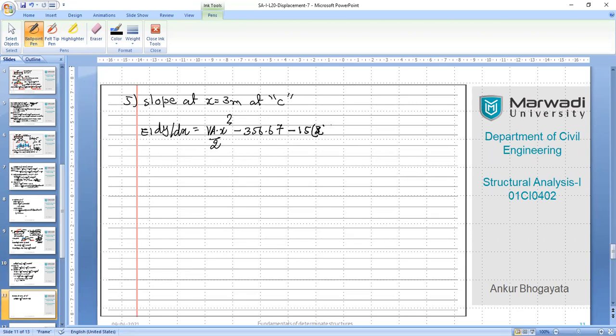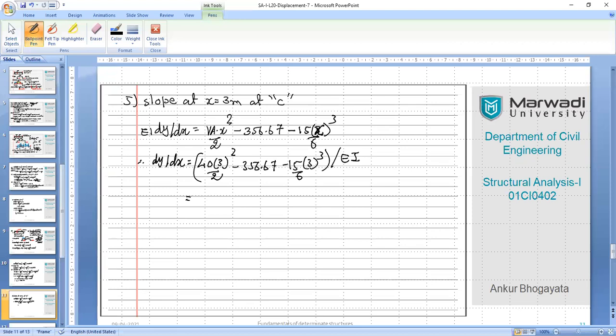This is x, and we'll replace x with 3, so dy by dx equals, VA is 40, into 3 raised to square by 2, minus 356.67, minus 15 into 3 cube by 6, and that we will divide by EI. So let's do it again.